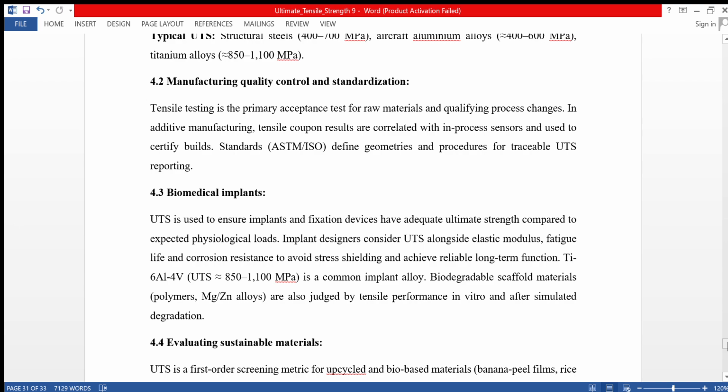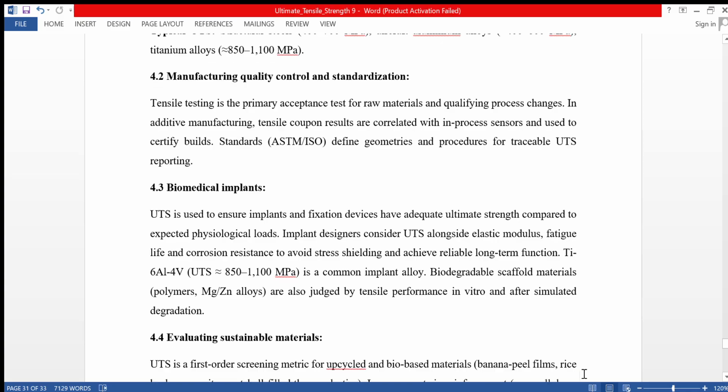Titanium-6 aluminum-4 vanadium, with UTS approximately 850 to 1100 megapascals, is a common implant alloy. For biodegradable scaffold materials, also judge the tensile performance in vitro and after simulated degradation.